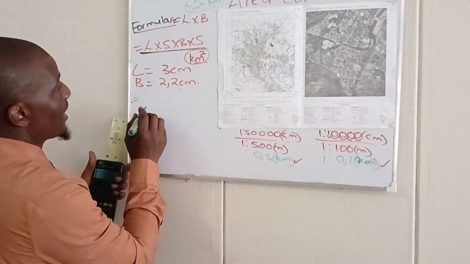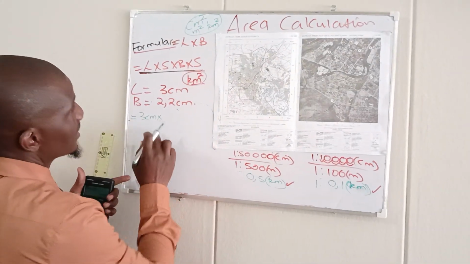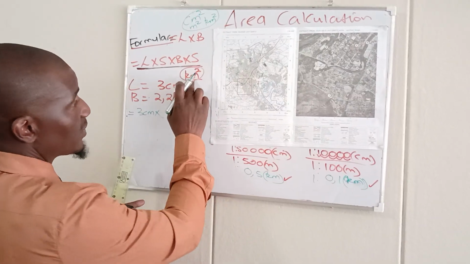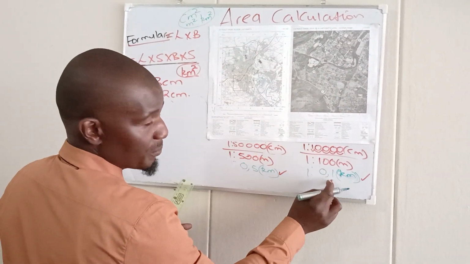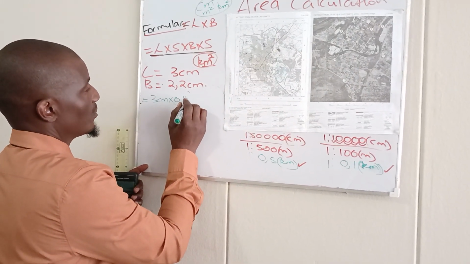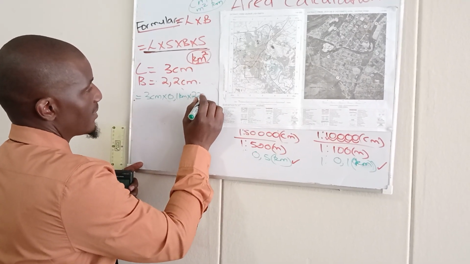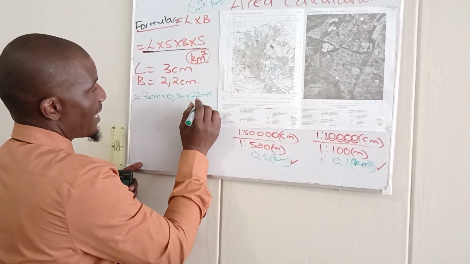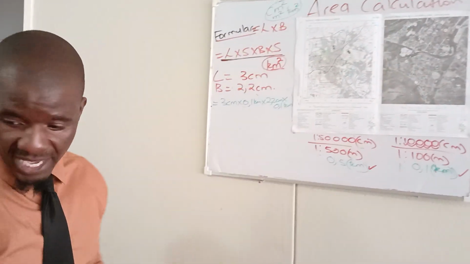Remember, my length is 3 centimeters. What is my scale? Remember, it's supposed to be in kilometers. What is the equivalent of my scale in kilometers? 0.1. So I'm going to say multiplied by 0.1 kilometer, and my breadth multiplied by 0.1 kilometers.